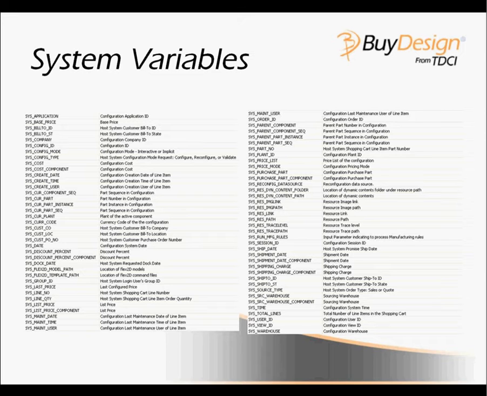Now, I do want to make a note that not all these system variables are going to be available to you to use. Okay? The reason is that it's based on your calling system, your host system. For example, we are embedded in MacPack. All these variables are available to an embedded MacPack user.